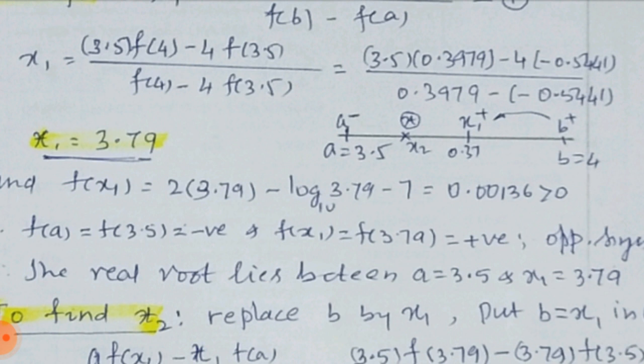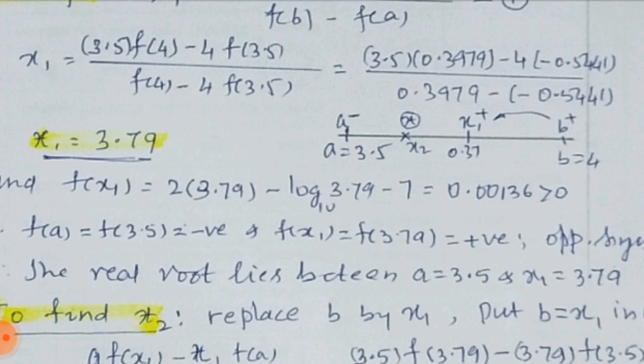So f of b and f of x1 are positive, therefore x1 is nearer to a than b. Since f of 3.5 is negative and f of 3.79 is positive, these two have opposite signs. The real root lies between a is equal to 3.5 and x1 is equal to 3.79.